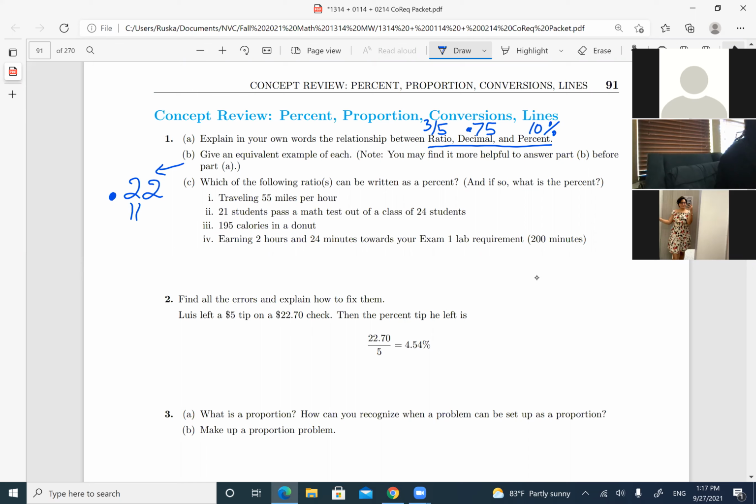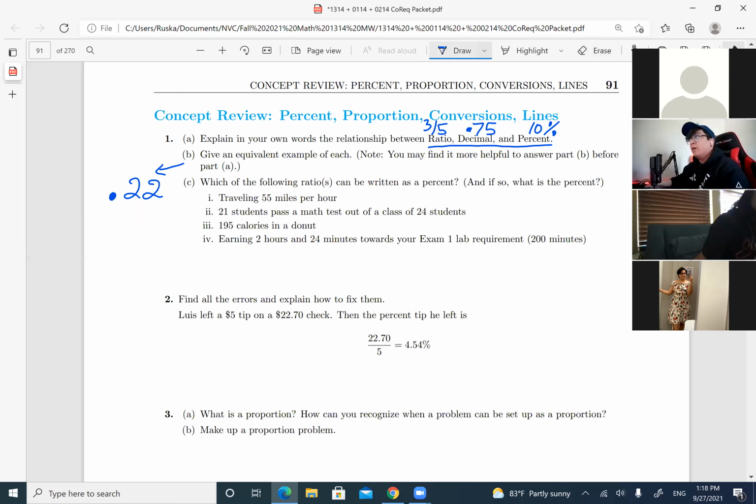Somebody says 11/50. How did you get that? That's correct. How did you get 11/50, Zane? How do you change decimal to fraction? I put 22 over 100. Yes, good job. So you put 22 over 100 and you reduce that. So it's the same as 11/50.